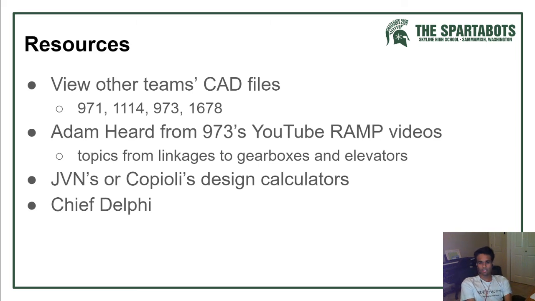Adam Herd from 973 has his YouTube series, 973 Ramp, which covers a bunch of different topics, from linkages to gearboxes to elevators. I'll try to do a ramp series. I'll see if I get around to it. And then the different design calculators make designing a lot easier, so the JVNs or Copioli's design calculators, and using Chief Delphi, the public forum where you can see what other people are working on.